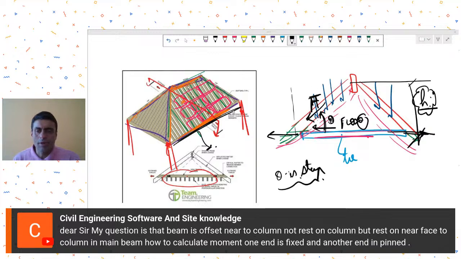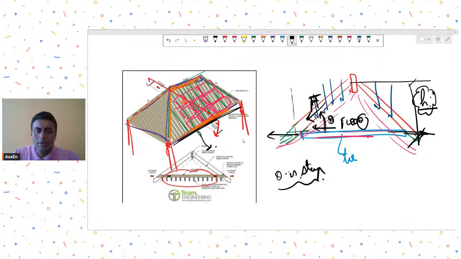You can make a quick model like this, and whatever your system or scheme is, accordingly you can analyze and find out the moments and forces. So I think the basic question about structural system has been answered. For analysis values, I'll suggest you make some small model to understand what's happening. All right.